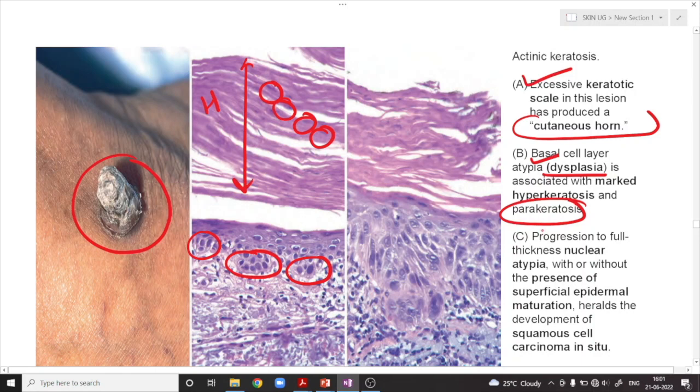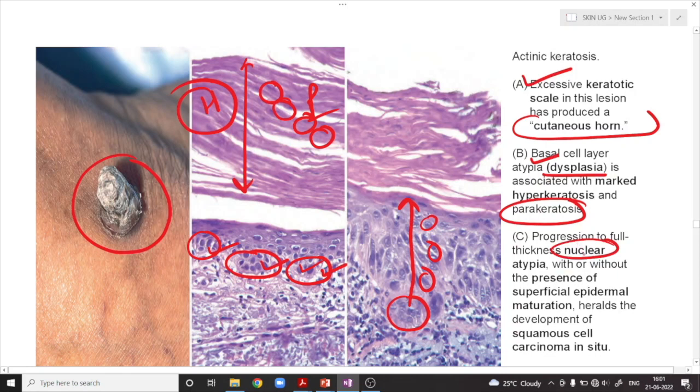Okay, so the lesion is basically starting as a basal cell layer atypia or dysplasia involving the lower layer, that is the basal layer of the epidermis. Along with that, there is hyperkeratosis and parakeratosis, as we can appreciate in this diagram. Now this dysplasia starts at the basal layer, and as we can see in this diagram, it is extending into the full thickness. So the nuclear atypia that we see only in the basal layer over here is now extending into the upper layers as well.